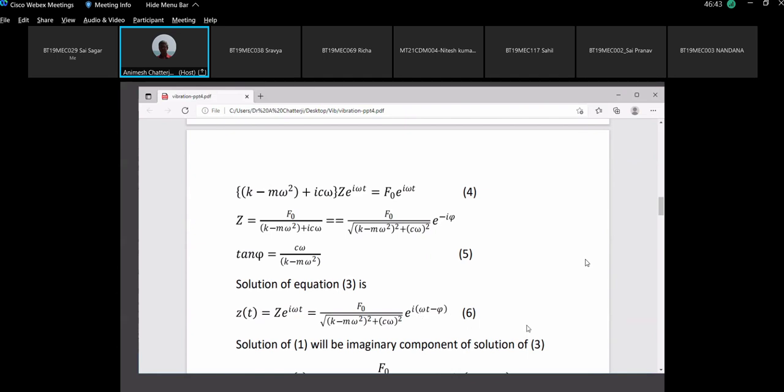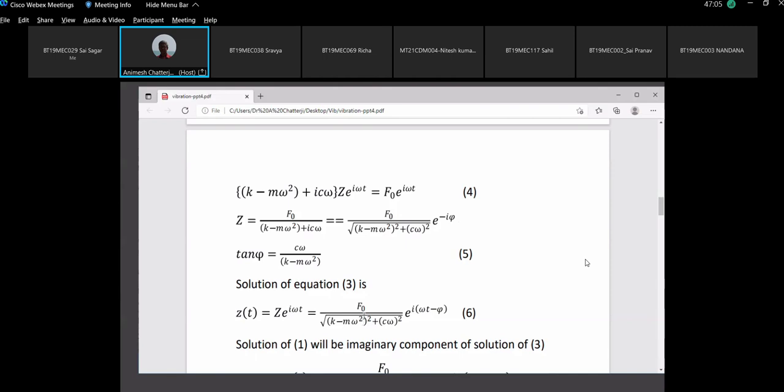You write all the intermediate steps. So small z now comes out to be capital Z into e to the power I omega t, और capital Z अभी अभी हमें मिला this into e to the power minus I phi.